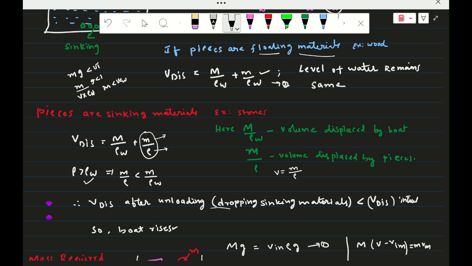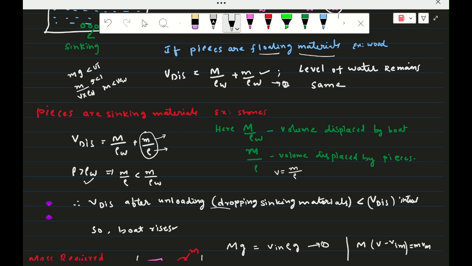So if you see a boat or ship carrying from river to sea, in the river the water is raised up to one level. Means the part of the volume immersed is some X centimeters height, considered. When it is entering into the sea, we know the density of sea water is more than river water.